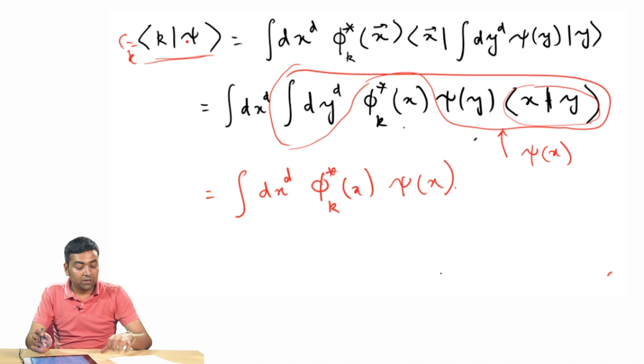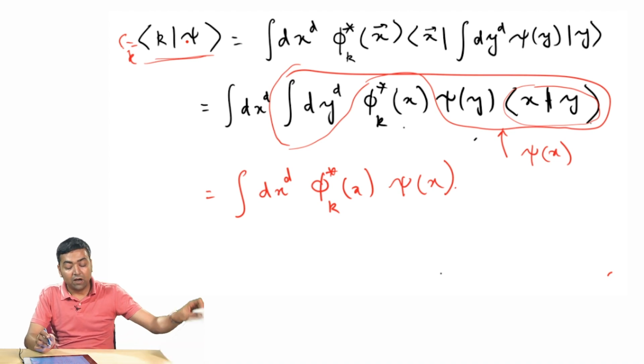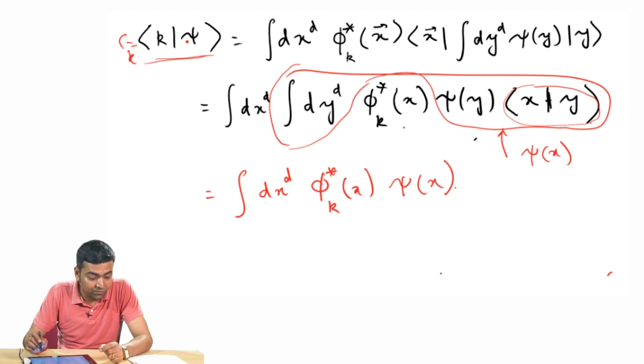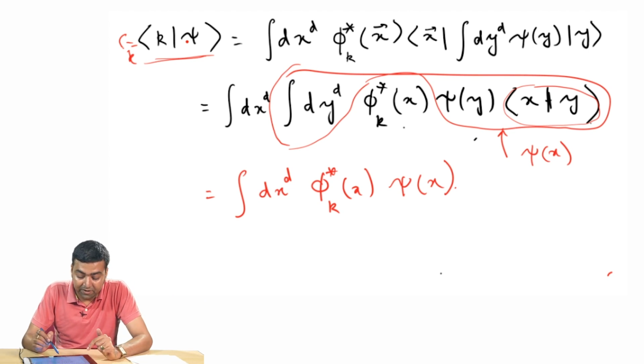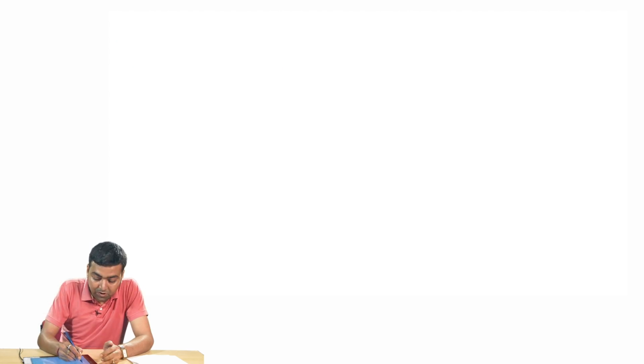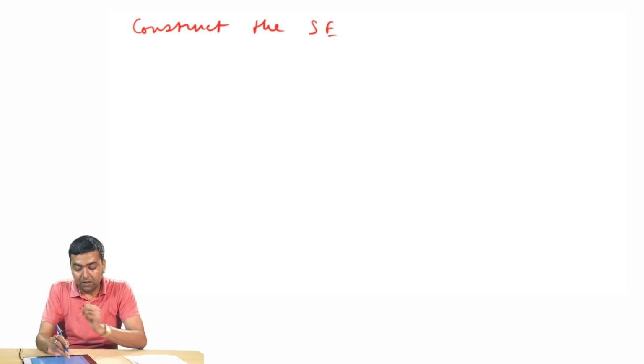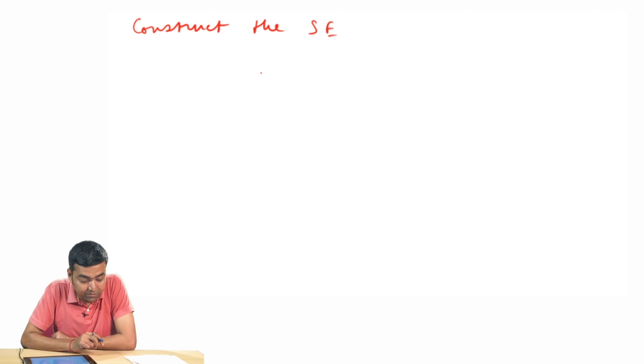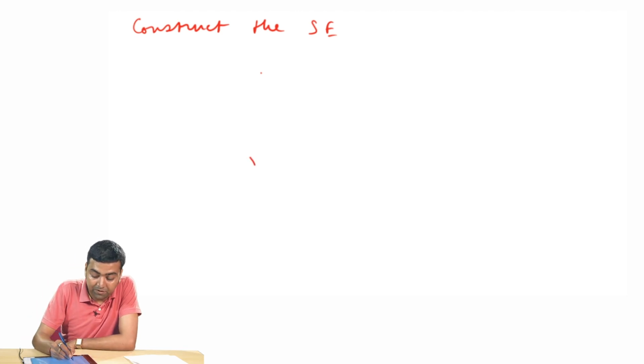Now, from there we will see how we apply this idea to the case of the Schrodinger equation. So, we will now construct the Schrodinger equation in the matrix form. Remember, we are looking into the matrix formulation of the Schrodinger equation.